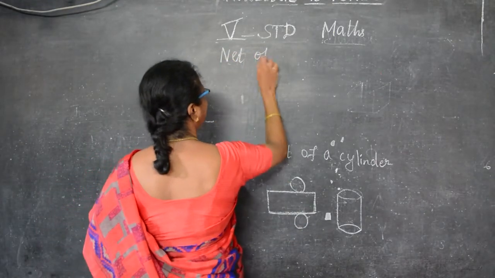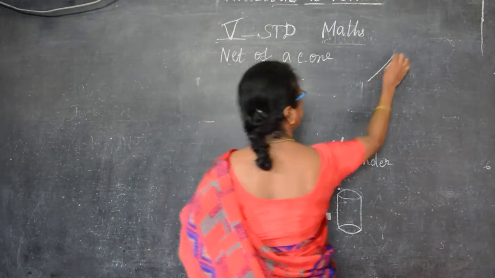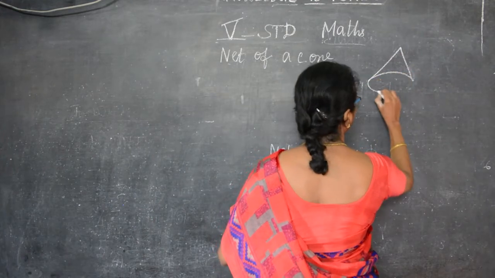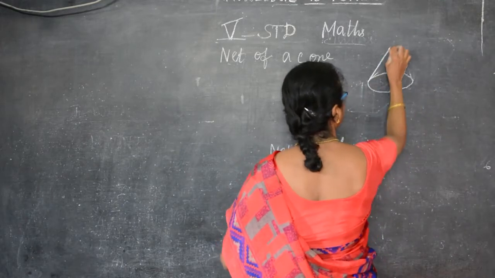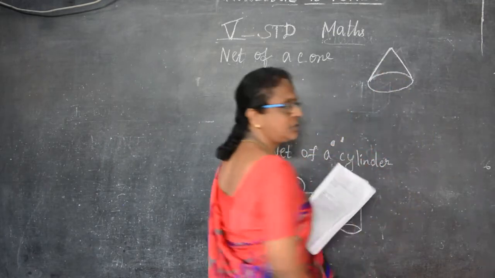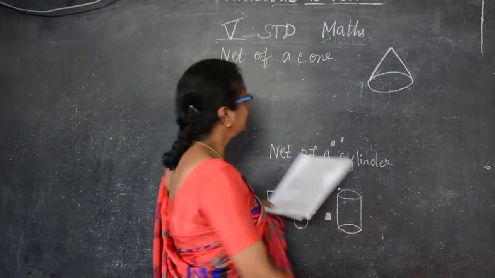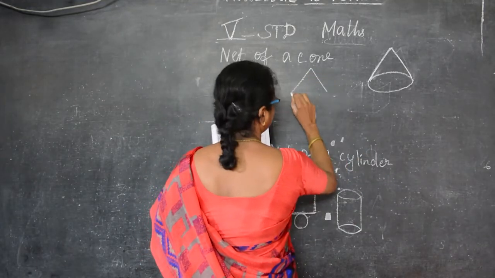Net of your cone. So this is the cone. This is the net of your cone. This cone net is like this.